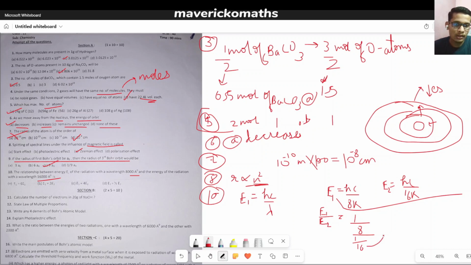So what will happen? The 16 will go up and it will be 2 upon 1. That is E1 equals twice of E2, which is the option B. Option B is the correct answer here.